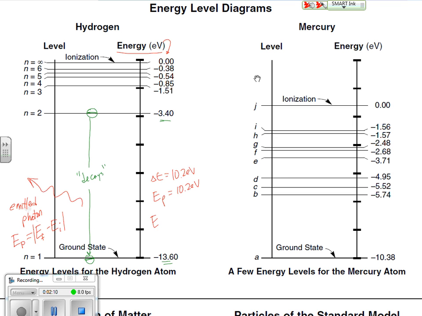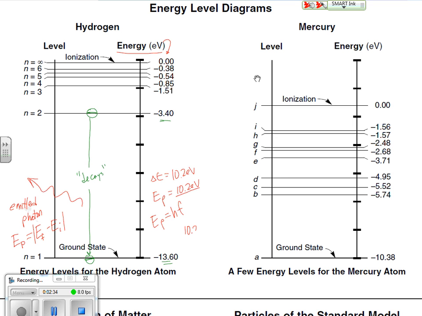Now, that energy is related to the photon's frequency by the equation E equals hf. If you wanted to find the frequency of that photon, you'd use h, which is Planck's constant, measured in joule seconds. So you need to find this energy in joules.